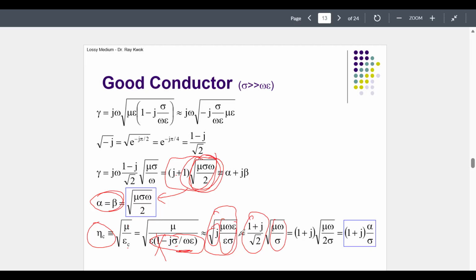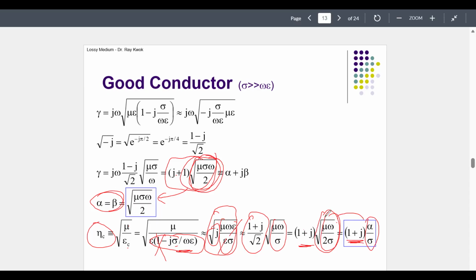Oh, the epsilon cancel. I was like, where is the epsilon? Okay. Right, so now I have this 1 plus j of this, again, I have 1 plus j. What does that mean, right? If I simplify it, this is just alpha over sigma. Doesn't matter, you can rewrite it either way, that's fine.